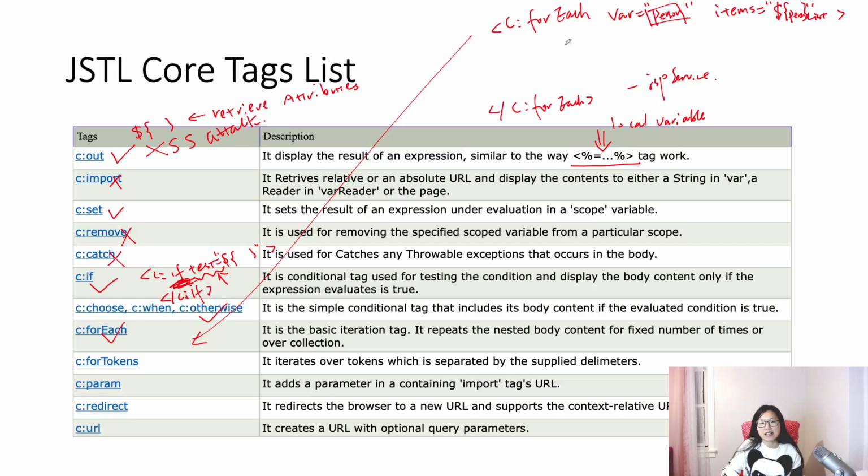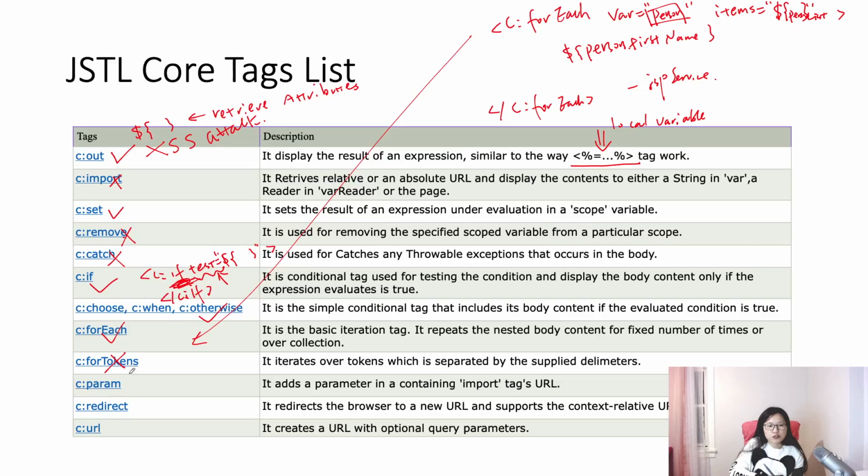Then inside here you can display person info, like person dot first name or last name and others, okay? It also has other attributes like varStatus, which is also kind of useful. It also has step and begin and end, okay? Take a look at it by yourself.